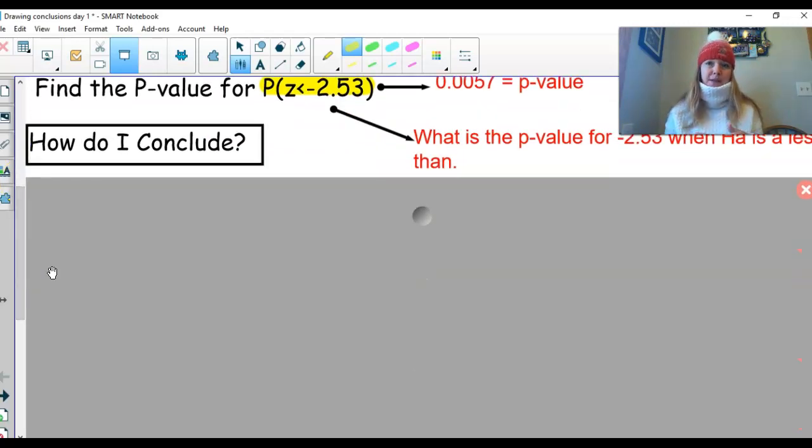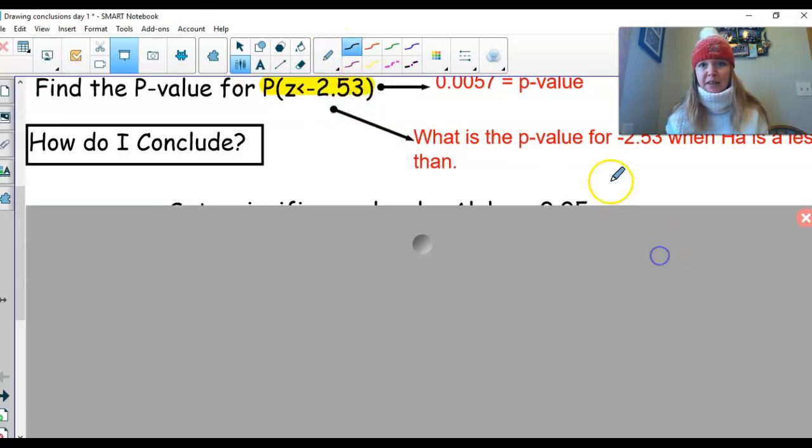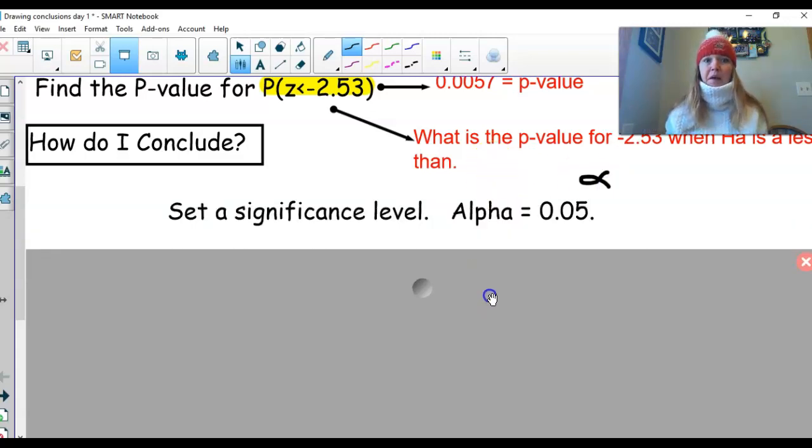What we need to do is set something called the significance level, which is our alpha. Alpha can be written like a little fish, but because I'm using the computer, I'm just going to write it out as alpha. If you are not given an alpha value, a significance level, 0.05 is typically the standard one that you use.